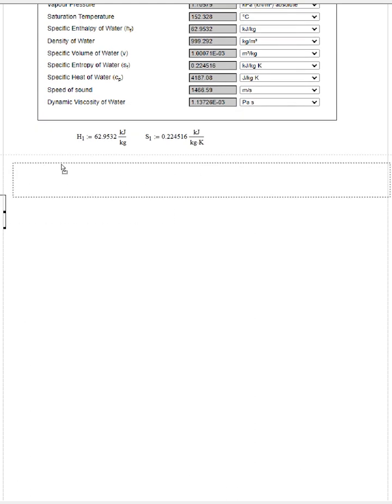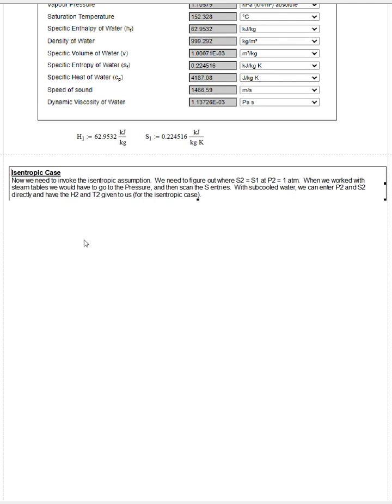To invoke this isentropic operation, we need to figure out where S2, the entropy of our outlet stream, is equal to S1, while P2 is equal to 1 atmosphere.